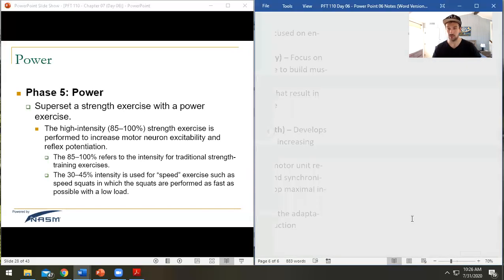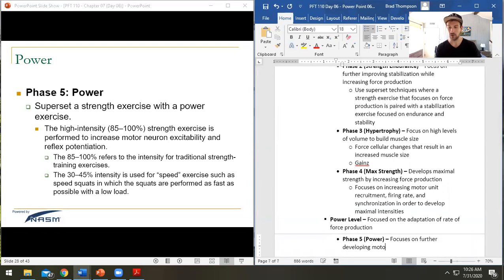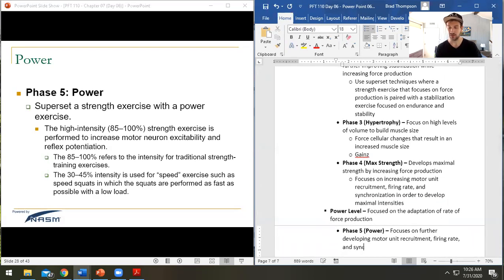What we're going to see in phase 5, better save, is going to be more superset techniques, very similar to strength endurance. So it focuses on further developing motor unit recruitment, firing rate, and synchronization with the goal of developing maximal power.